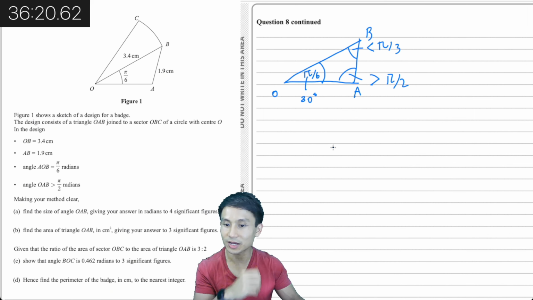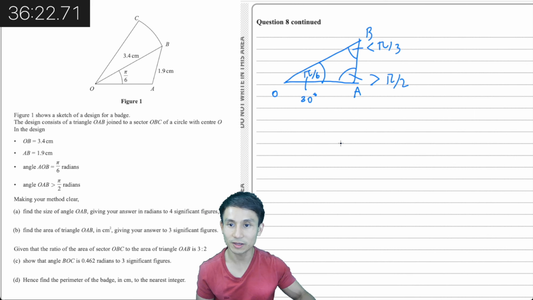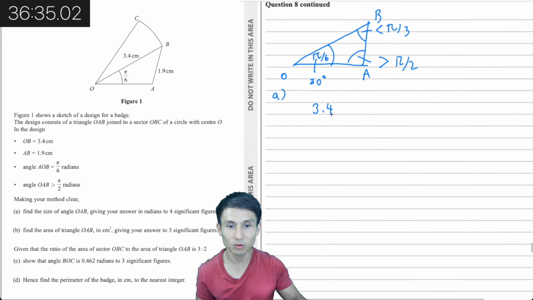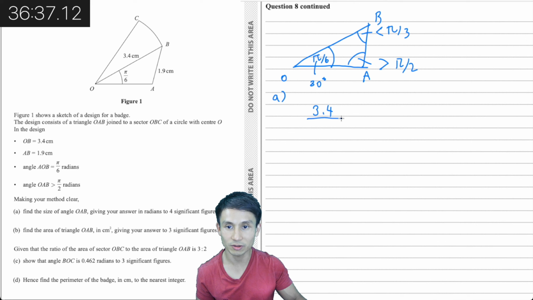A, find the size of angle OAB. Okay, so just the angle we want. We can use the sine rule, right? So 3.4 over sine of angle A, which is the angle we want, equals 1.9 over sine of pi over 6.